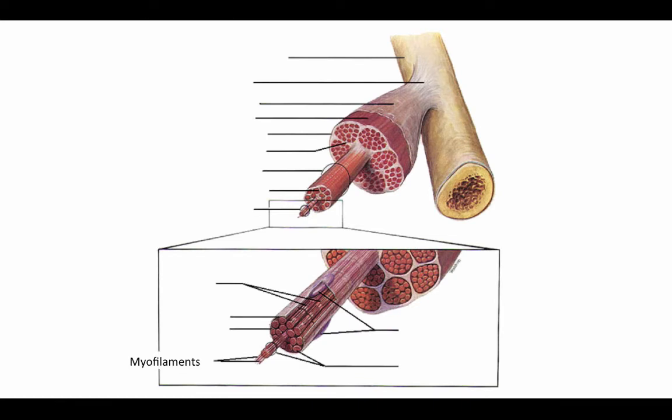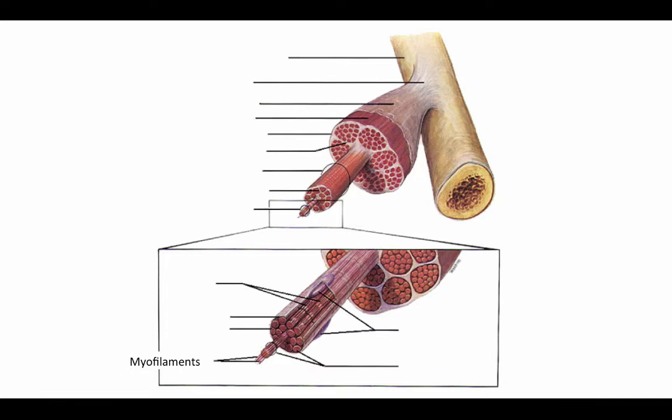The myofilaments are those actin and myosin protein molecules that you learned about in the sliding filament model. These are the actual motor that's going to generate the force, also called tension when applied to muscles. We refer to muscle tension; that's the same as the amount of force the muscle is generating. And that's basically going to come about because of the interaction of these actin and myosin myofilaments.